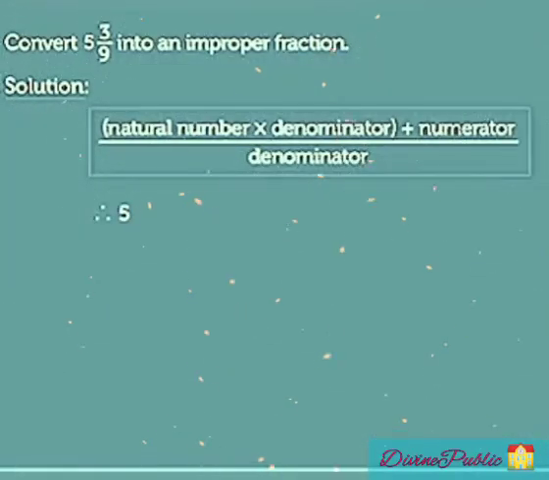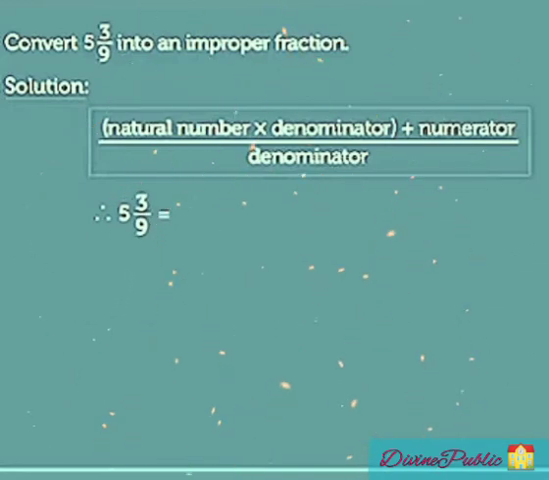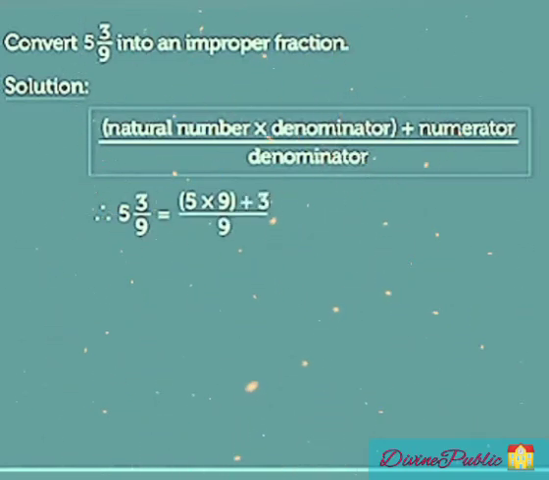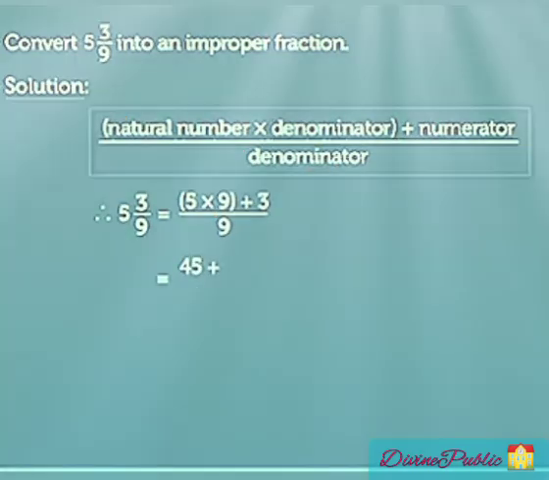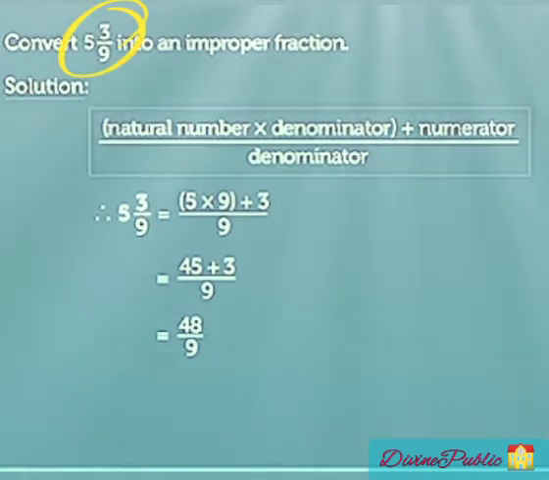Therefore, 5 and 3 upon 9 equals (5 into 9) plus 3 upon 9, which is equal to 45 plus 3 upon 9, that is equal to 48 upon 9. So students, 5 and 3 by 9 is equal to 48 upon 9.